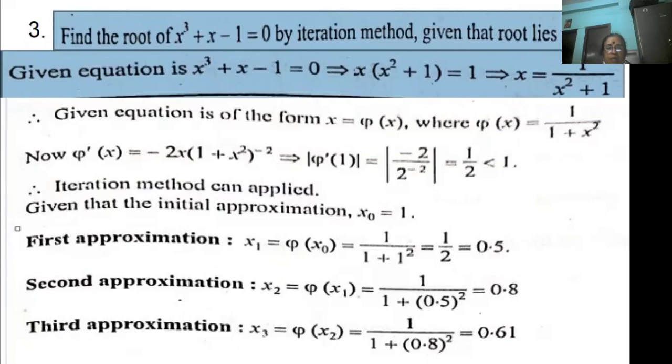We are taking 1 by 1 plus 1 square, that is equal to 1 by 2, that is equal to 0.5. The second approximation x2 is given by phi at x1, that is 1 by 1 plus 0.5 whole square. So that becomes equal to 0.8. The third approximation x3 is nothing but phi at x2 equal to 1 by 1 plus 0.8 whole square, that is equal to 0.61.